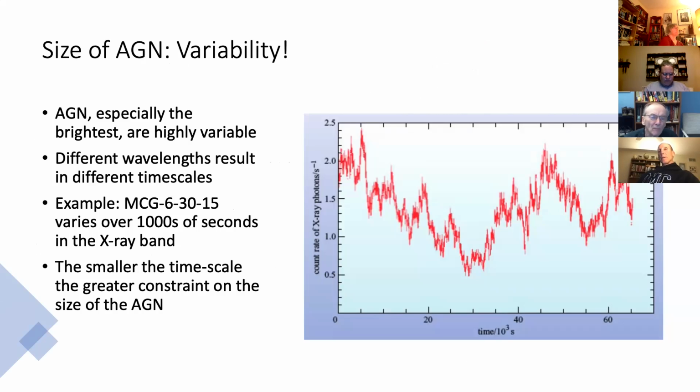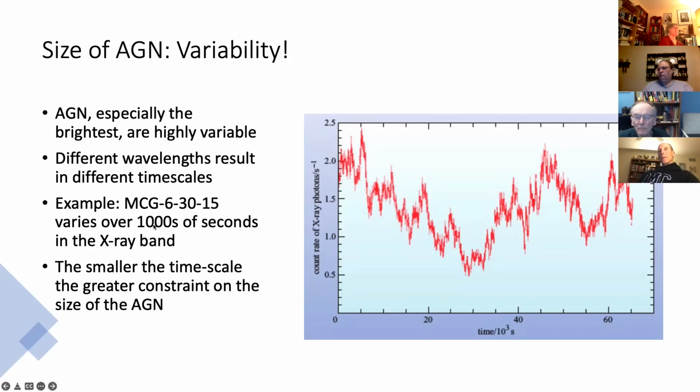So an AGN, especially the brightest ones, the ones that I do research with, are highly variable. The amount that it varies differs based on whatever wavelength you're looking at. But typically the higher the wavelength you look at, the more the flux, or the measured brightness, will vary.